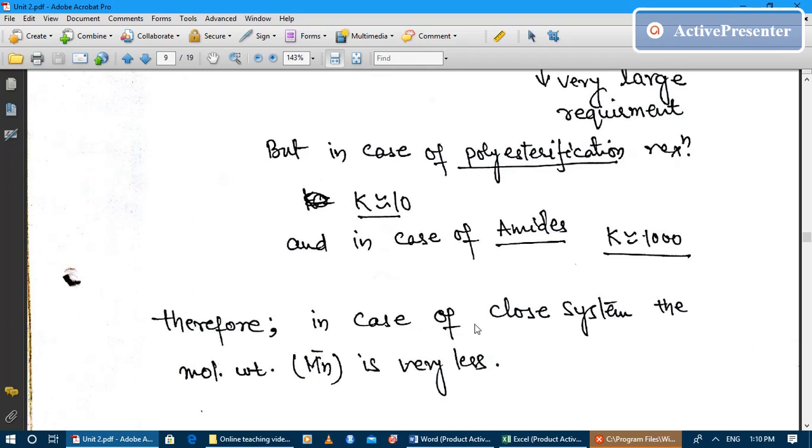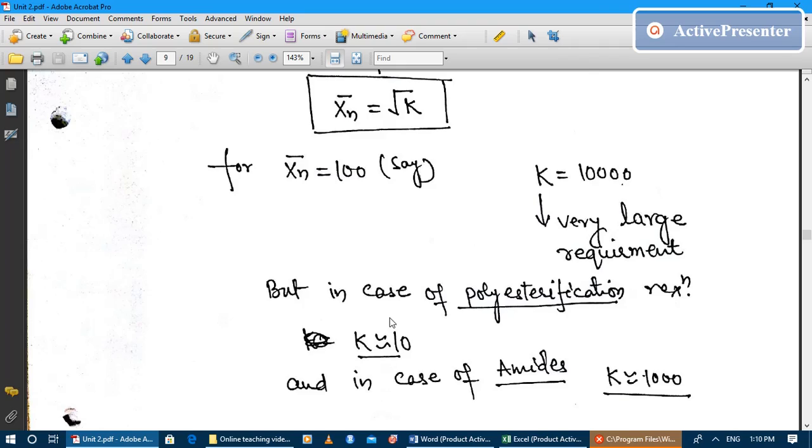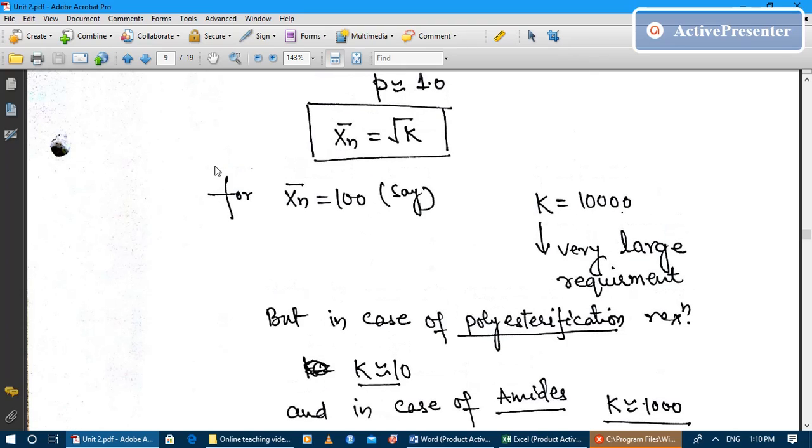Therefore, in the case of a closed system, the molecular weight is very less. You can see if K is 10, then Xn bar, the number average degree of polymerization, is just 3 something.